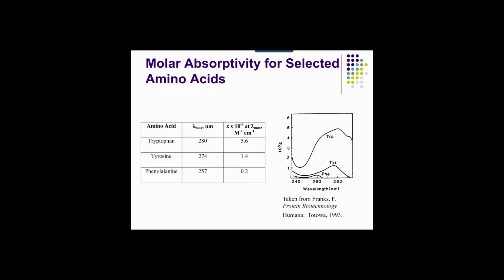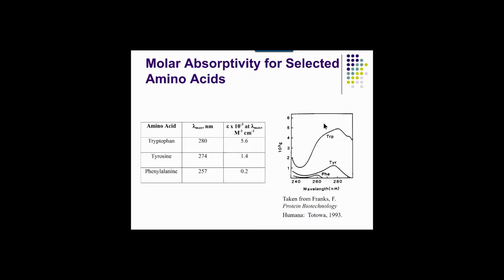And on this slide at right, you can see the UV visible spectra for these 3 aromatic amino acids, and I've displayed them one on top of one another. Tryptophan has what we call an indole ring system, an aromatic ring bound to a 5-membered ring with nitrogen and an extra double bond, and that double bond is conjugated with the ring system.